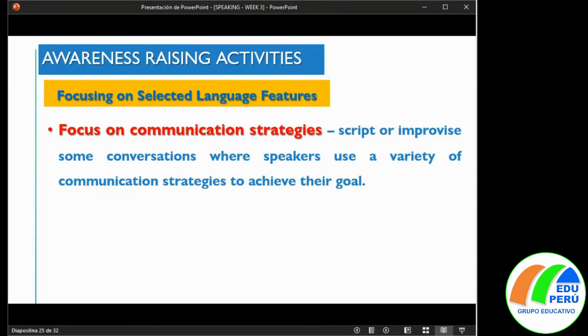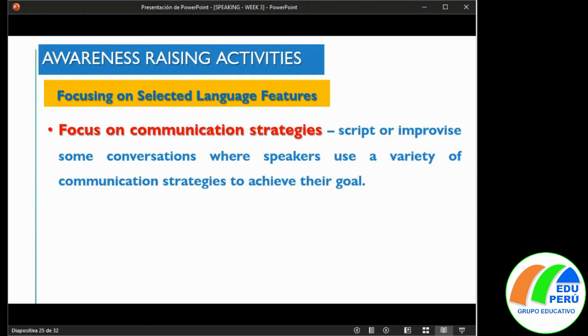But what happens if you're not sure? What do you say if you're not sure? Oh, I think it's the 10th. Notice this is a strategy, gaining time. We call this a gaining time strategy, because he's not so sure. So the person needs to think what to say. So he says, I think it's the 10th.